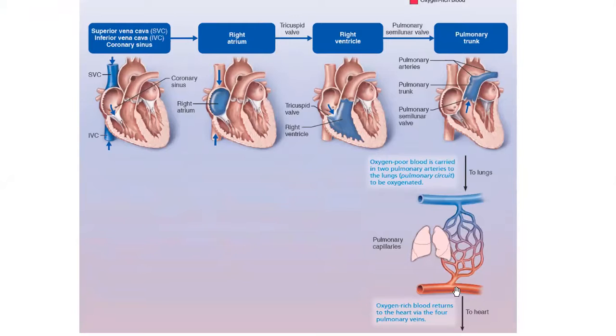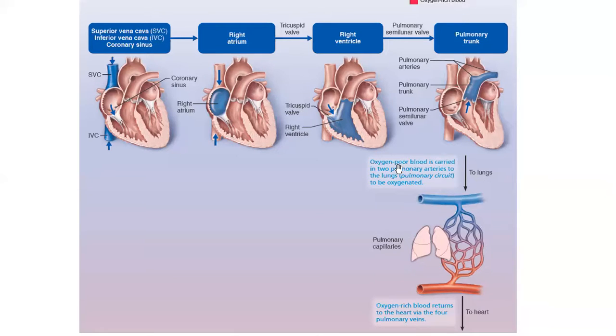Red is coming from the lungs, because red in most textbooks represents oxygenated red blood cells. Blue, usually in most medical books, means it's oxygen poor. There you go, oxygen poor right here.